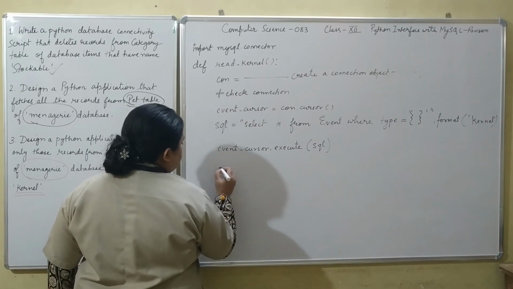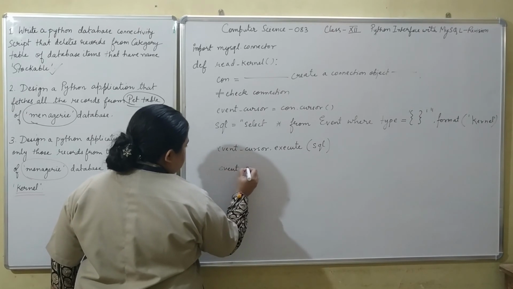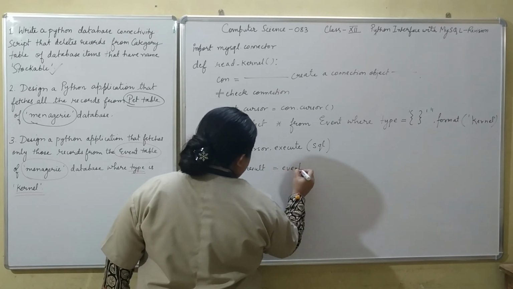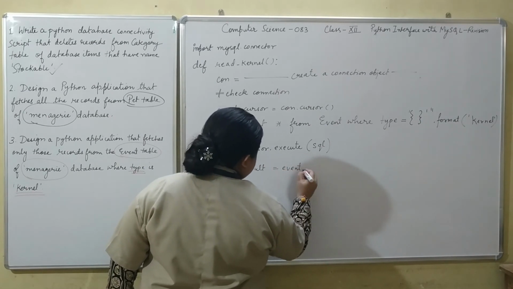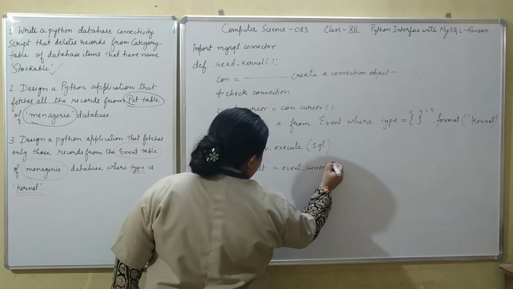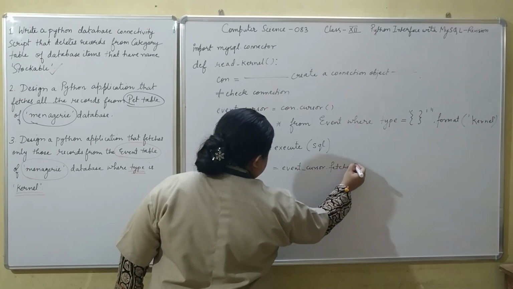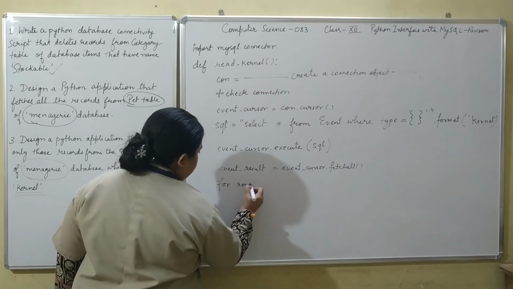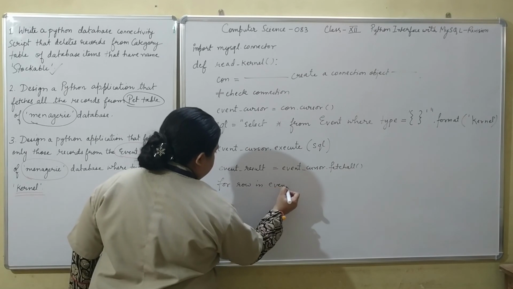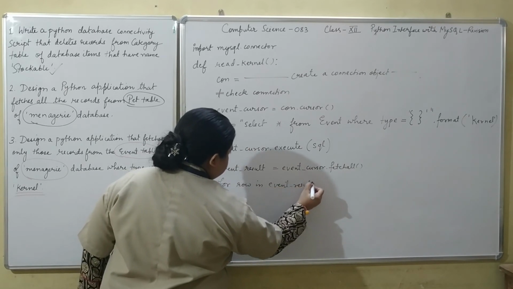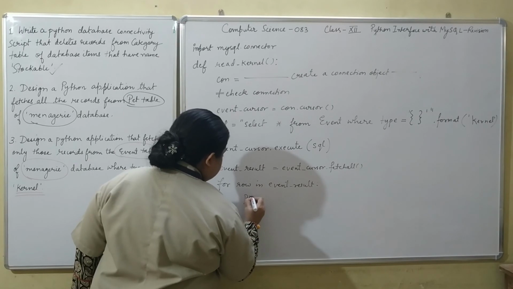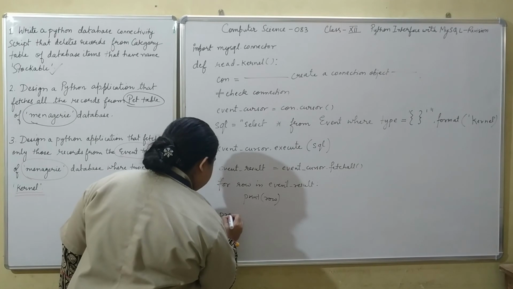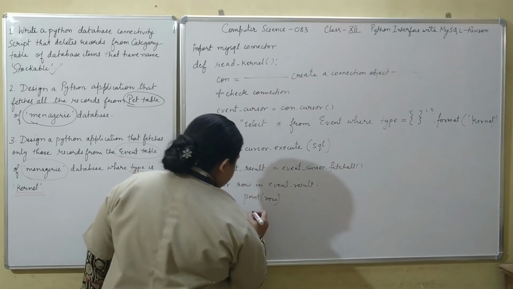So let me take event result equals event cursor dot fetch all. For row in event result, print row, and at the end I can also print the number of records fetched.